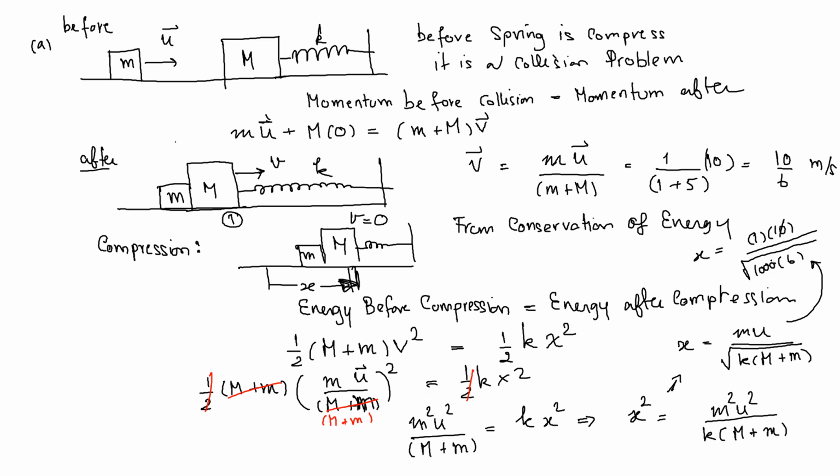So x is actually 1 over the square root of 60, which is 0.13. Putting in the units, it is 0.13 meters, or 13 centimeters of compression. The spring will compress by 13 centimeters.